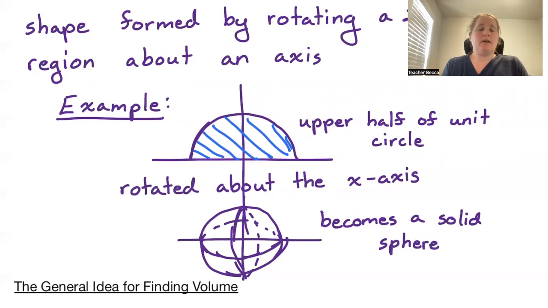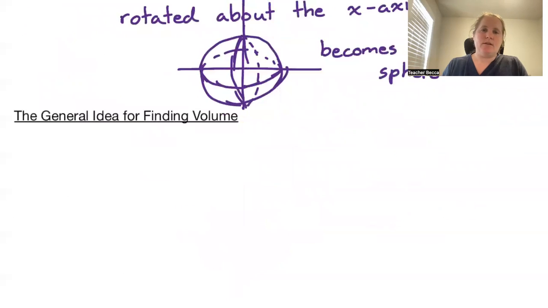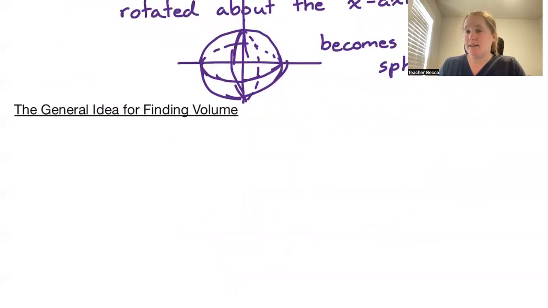So we can rotate about the x-axis, the y-axis, any other line. We will focus on vertical and horizontal lines. So the general idea for finding volume is we will essentially slice our shape into very thin slivers.